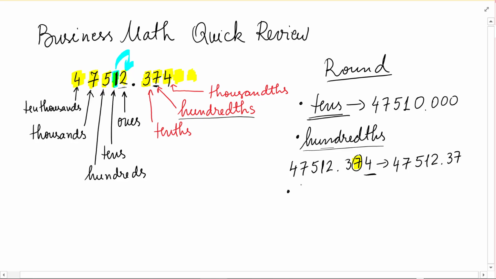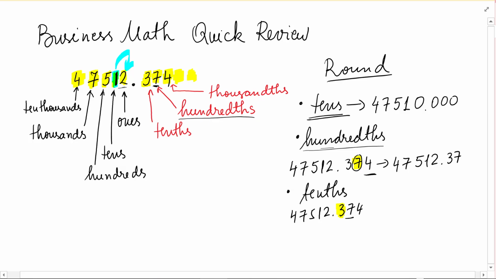And let's try one more. Let's say round it to the nearest tenth, right? So again, I'm going to write the number 47512.374, and the nearest tenth is the tenth position, this one, 3. So the question is, would the number stay 3 or will it change? So we look at the number to the right.